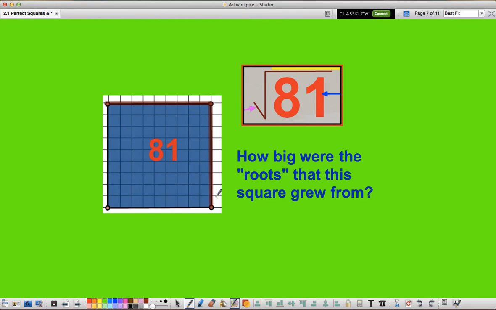If my area is 81 and I draw a picture of this, I know that I end up being 9 by 9. Well, in order to do this without drawing a big square every single time, which is what we would like you to be able to do, you have to know your multiplication facts. And so you have to practice those. And I can show you some techniques to work on guessing and checking to get the correct answer, so that way in time they come quickly to you.